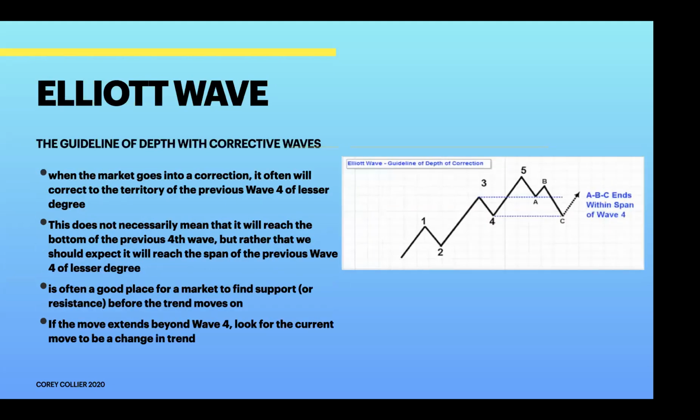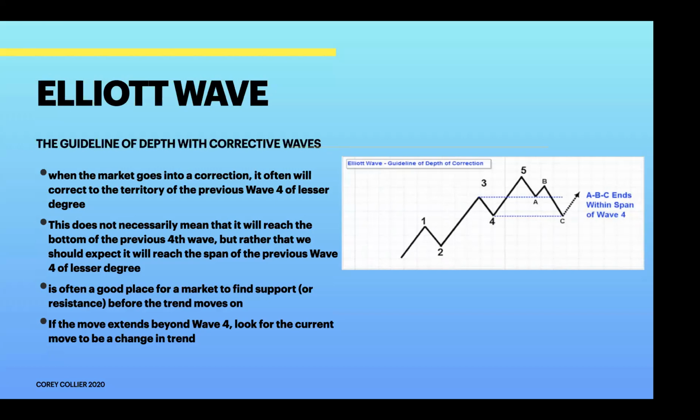Now, the guideline of depth within corrective waves. This is a big one, guys. This guideline right here lets you know if it's in a correction or an actual trend reversal. So when the market goes into a major correction, it will often correct to the territory of the previous wave 4 of a lesser degree.